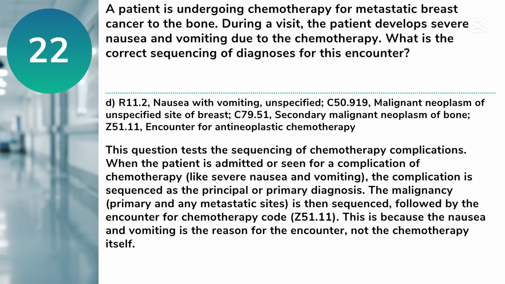When the patient is admitted or seen for a complication of chemotherapy, like severe nausea and vomiting, the complication is sequenced as the principal or primary diagnosis. The malignancy, primary and any metastatic sites, is then sequenced, followed by the encounter for chemotherapy code, Z51.11. This is because the nausea and vomiting is the reason for the encounter, not the chemotherapy itself.